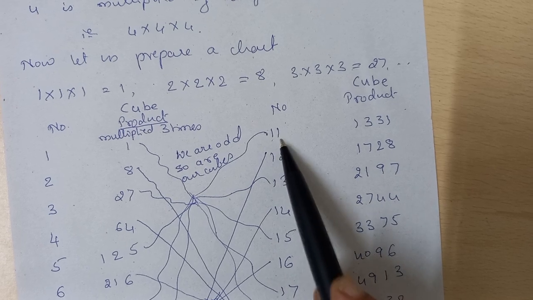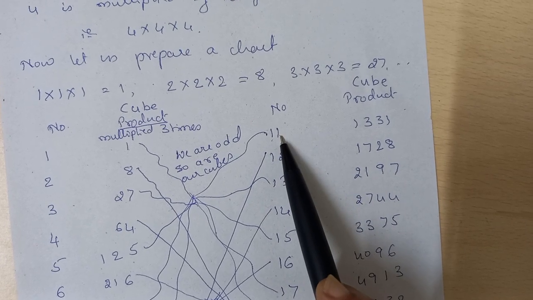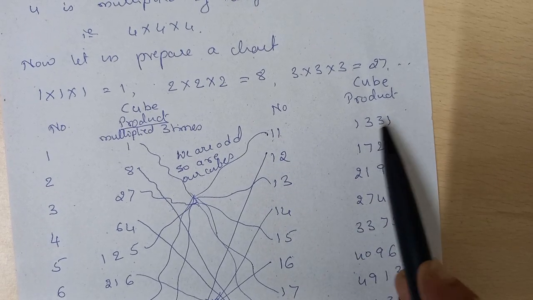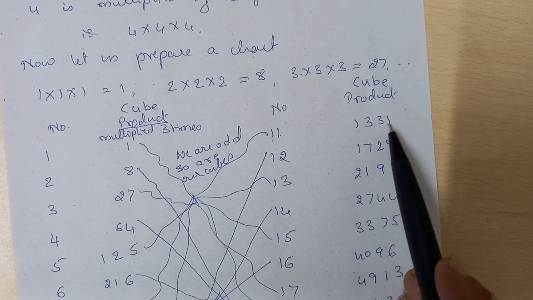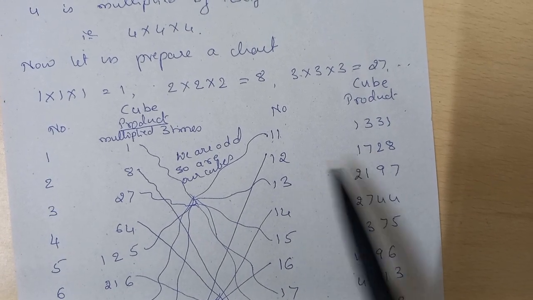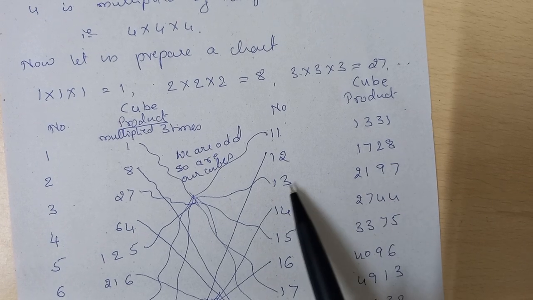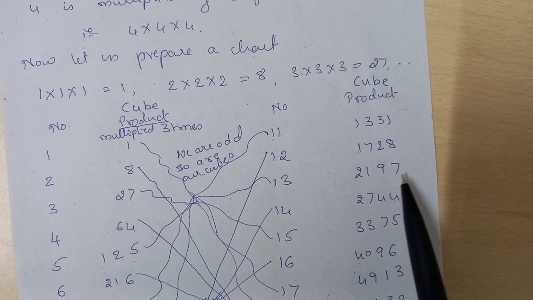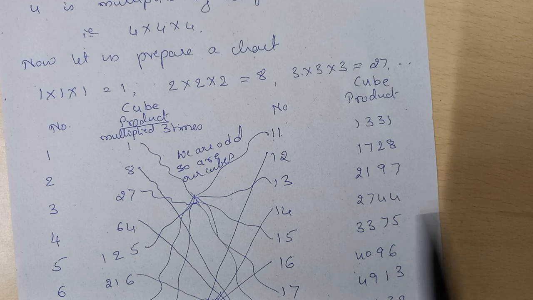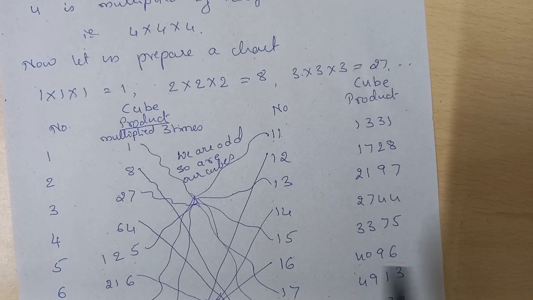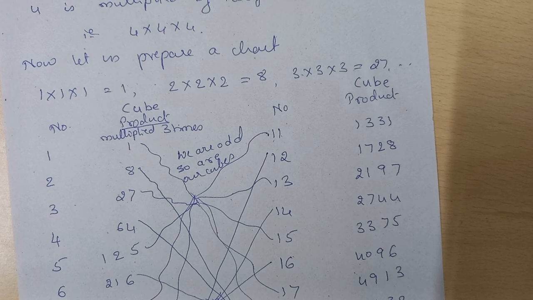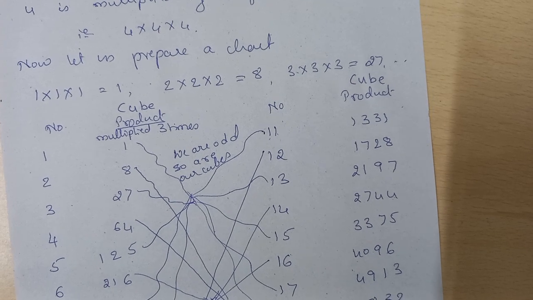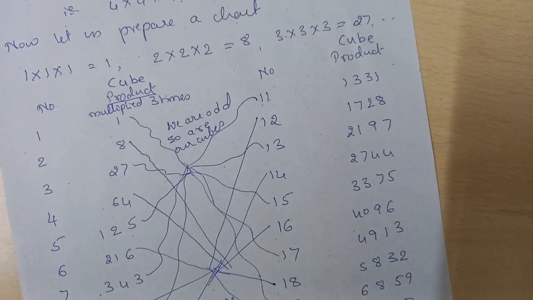For the number 11, 1 is in the units place and 1 is in the ones place in its cube. For 12, 8 is in its units place. For 13, 7 is in its ones place. For 14, 4. For 15, 5. 16, 6. 17, 3. 18, 2. 19, 9.